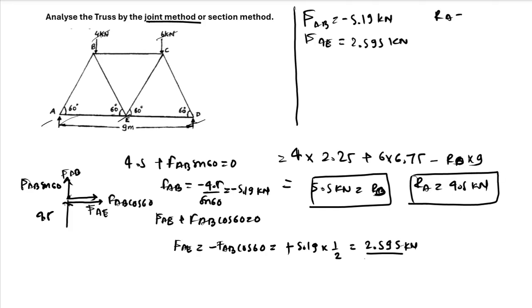We have RA as 4.5 kilonewton and RD as 5.5 kilonewton. Sorry, it should be 5.5 for the RD and 4.5 for RA in kilonewton.